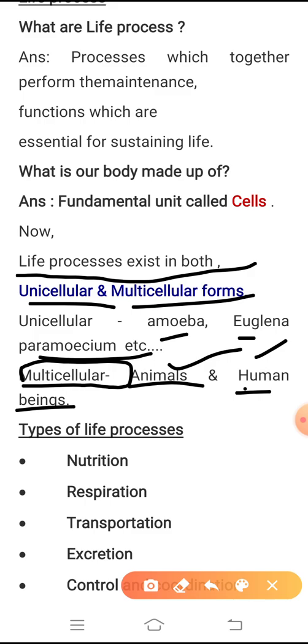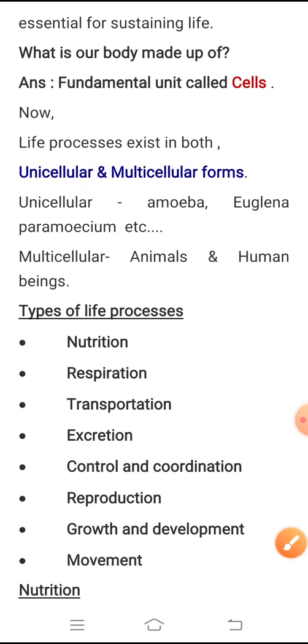For example, some organs perform digestion, some perform circulation, some coordinate, and some perform transportation. Each and every organ has a specific function inside the body of the multicellular organism. So we have specialized organs to perform specific functions.